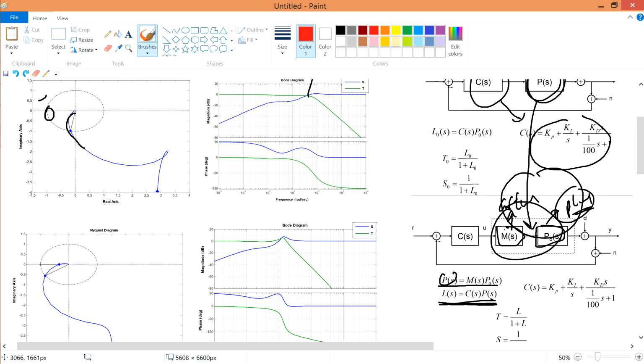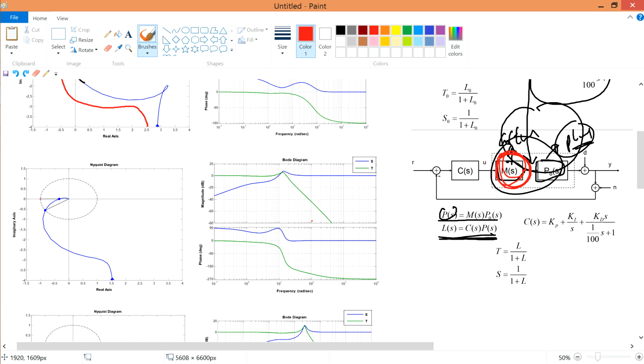As you can see, by adding this actuator, another form of disturbance, you are shifting your Nyquist plot further up. So you are making your whole system a little bit more unstable. So far so good. However, the high pass and the low pass are still the same for S and T.